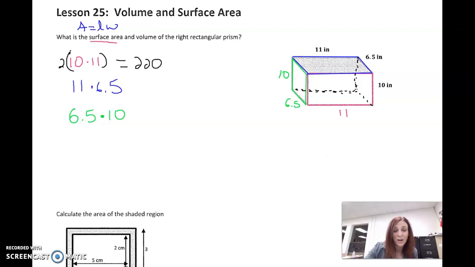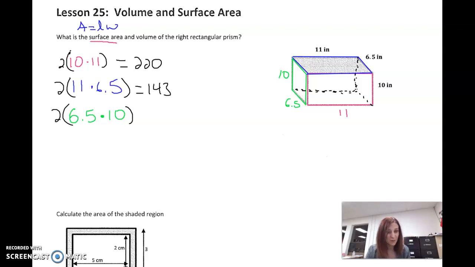That works out to be 220. Then I'm going to do the same thing here. 11 times 6.5, I'm going to multiply by 2. 2 times 11 times 6.5, and that's 143. And then the same thing here: 2, because there's two sides here, times 6.5 times 10, and that's 130.